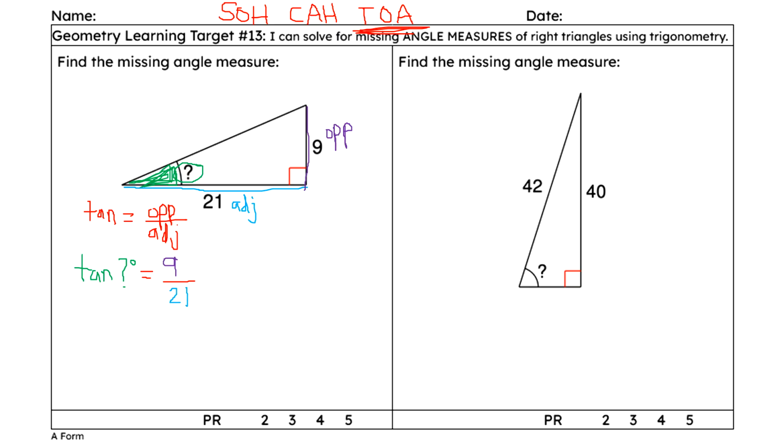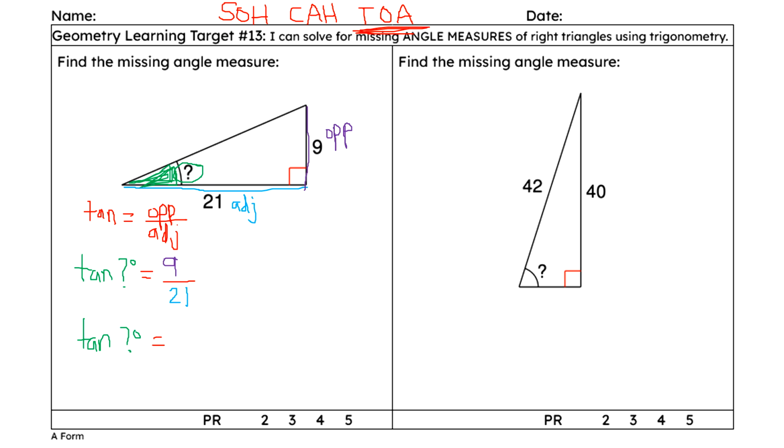So I am now going to approximate 9 divided by 21 as a decimal, and then I'm going to look up what degree measure that has to be in the chart. So my tangent of some angle measure, I'm not sure, is going to be 9 divided by 21.